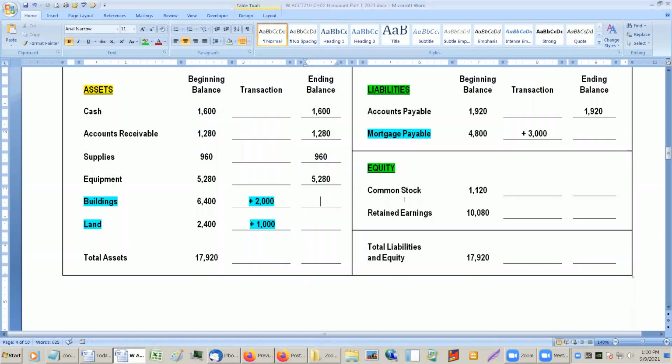So what is that? 8,400. I'm going to put these all in and do it all at once.